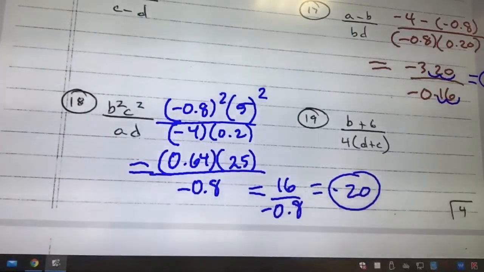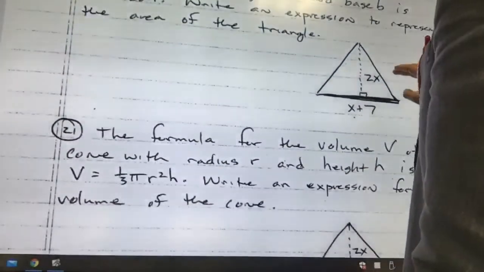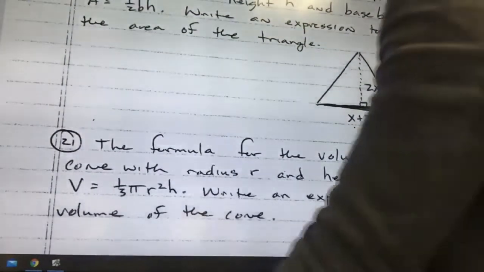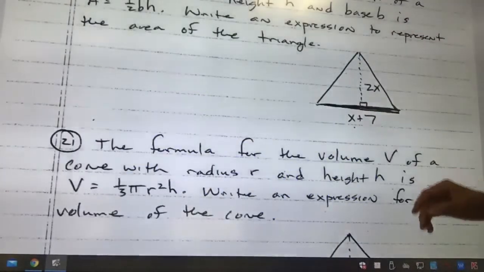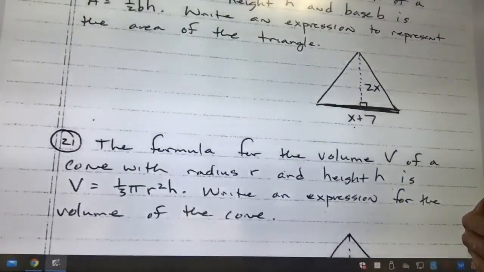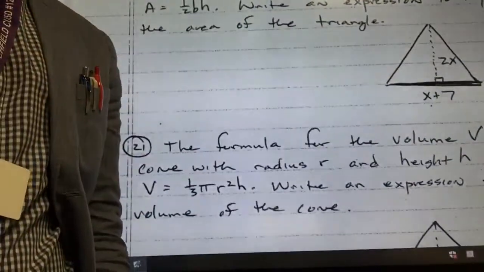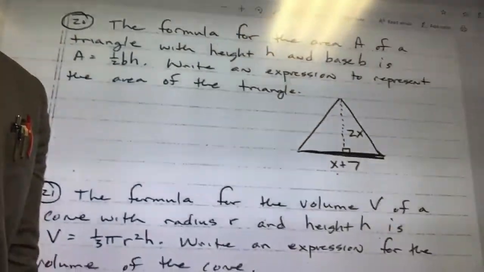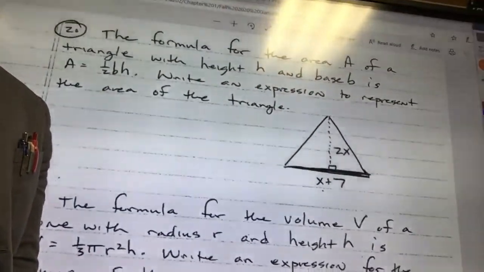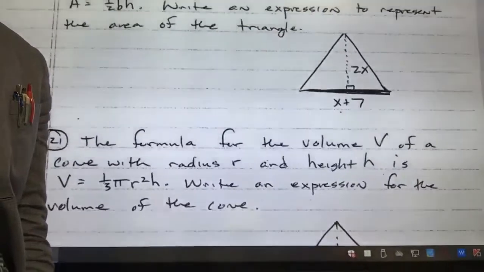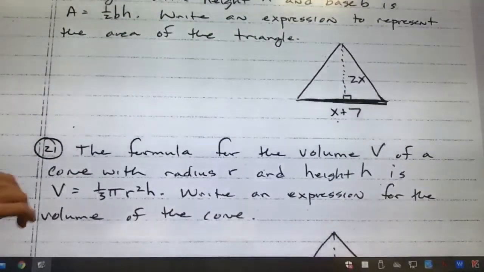Okay, for the Honors Algebra 2 group, you had a heck of a page 5. I'm going to look at that real quick. Yeah, 20 here. Talking about area. The formula for area of a triangle is 1/2 base times height. Write an expression to represent the area of a triangle. This is a good question just to know. There's the figure.